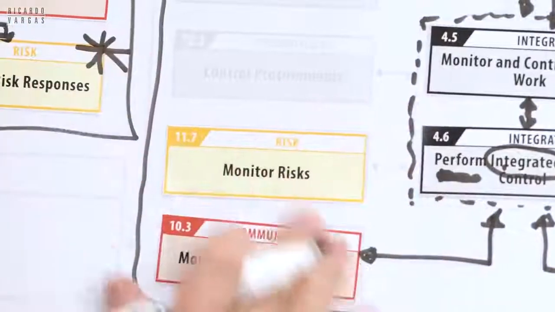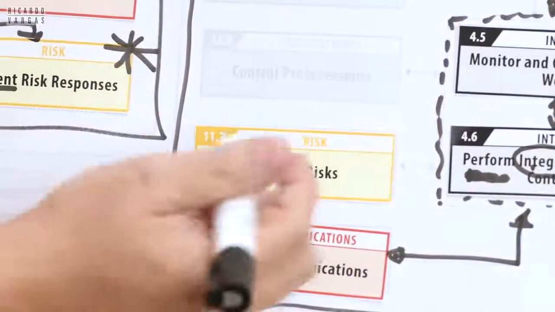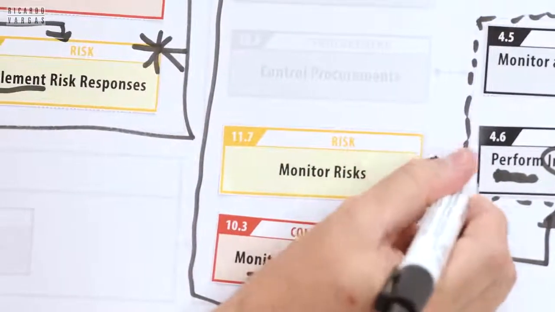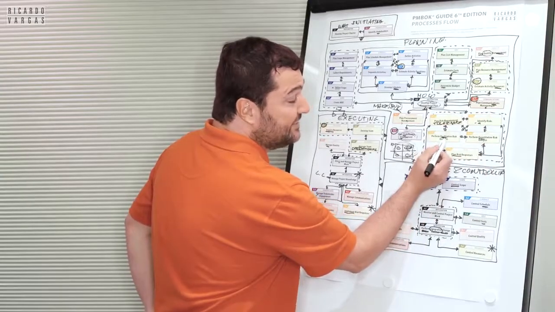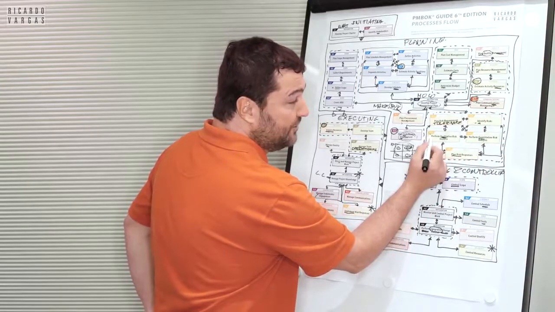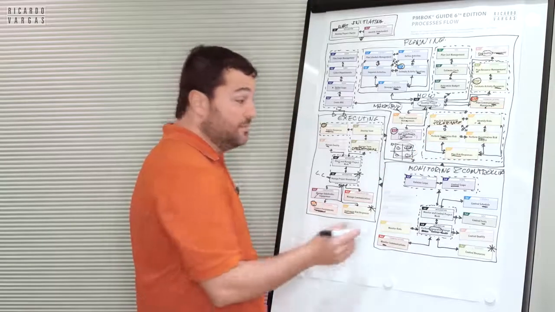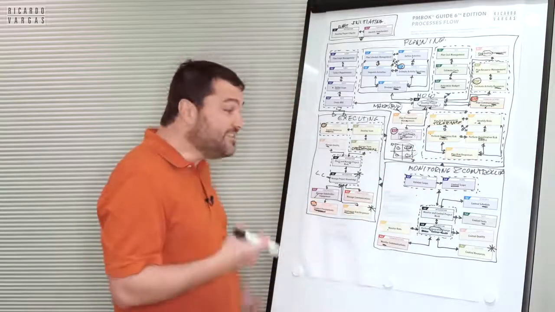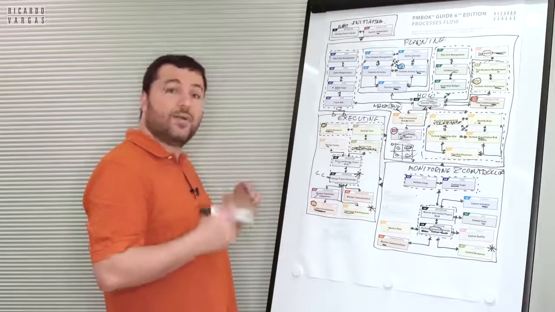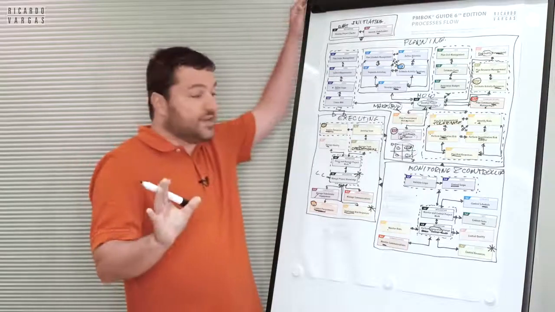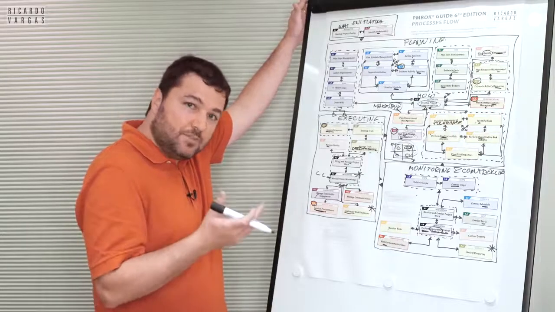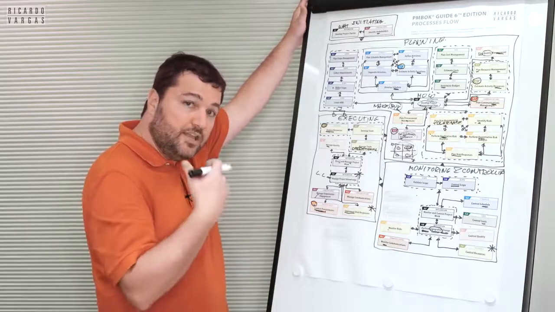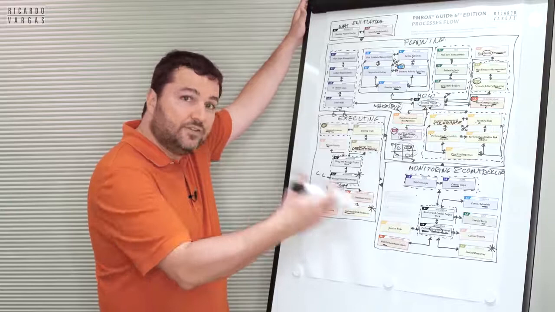I monitor risks. Why? Because some risks that I thought were low. For example, here, I did a qualitative risk analysis in 11.3, said it's low, but something happens and the risk became very, very high. Let me give you a very quick example. Let's suppose that I'm importing some products, and these products will be arriving close to the end of the year.